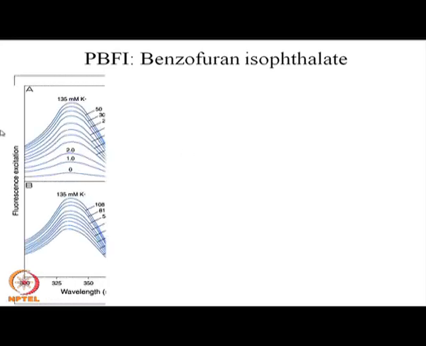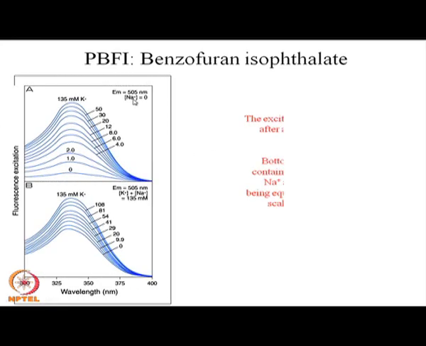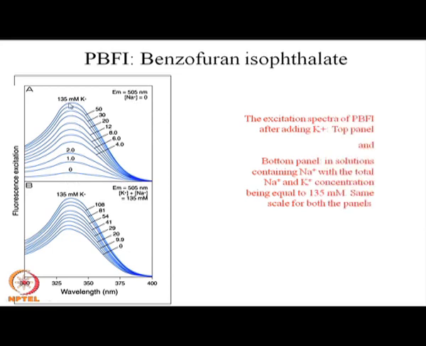The observation is that you do a similar kind of exercise, here 0 to 135 millimolar potassium with sodium 0, and here 0 to 135 millimolar potassium, but the gap is filled up with sodium ion, so that the overall concentration is 135 millimolar. That means, for 0 potassium you have 130 millimolar sodium.